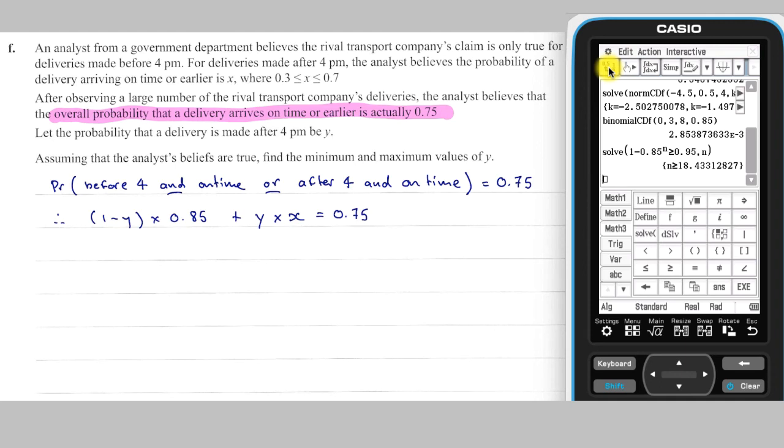This equation can be rearranged to get y in terms of x. This relationship between y and x is in the form of a simple rational function that looks like this.